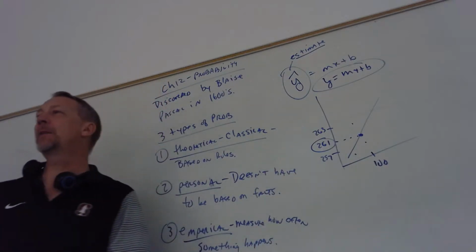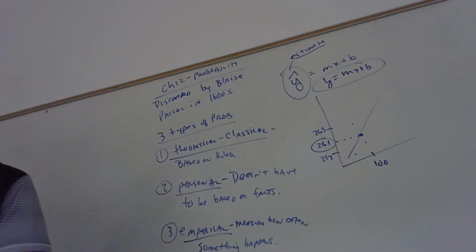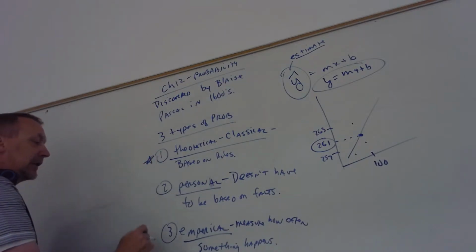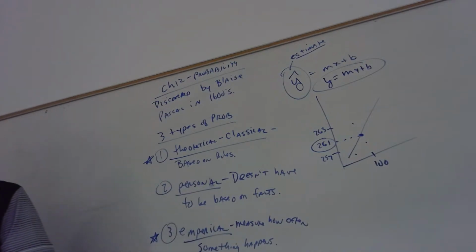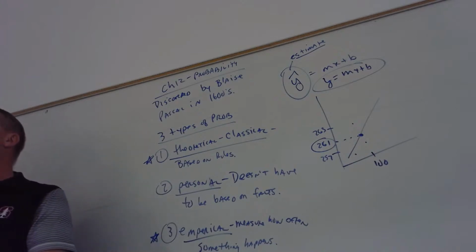We measure how many people get breast cancer. We say, well, that must be your probability of getting breast cancer. So those are your 3 types of probability that we're going to be talking about. We're going to concentrate mostly on the theoretical and the empirical, but personal is going to suck. So we'll talk about how to do that.